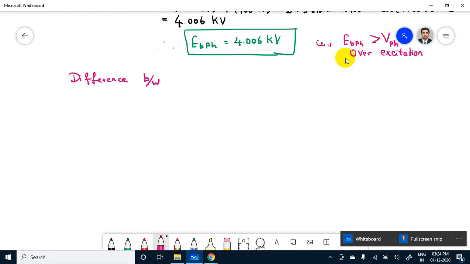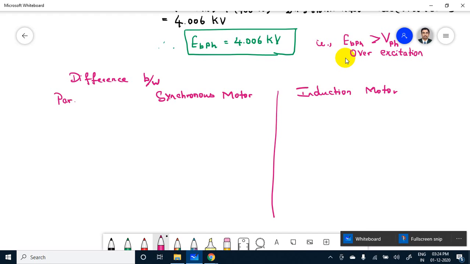Difference between synchronous motor and induction motor. Here this line will be the parameter. First one, construction.